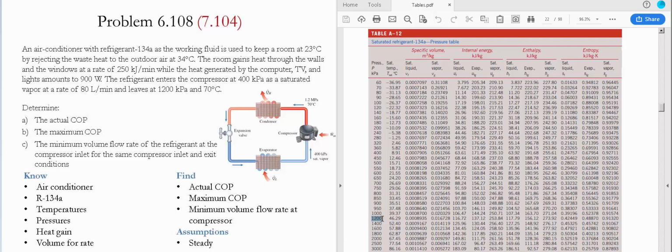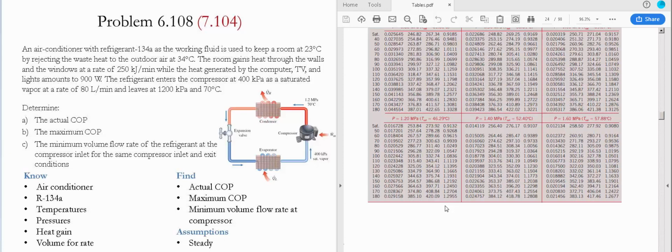For the exit conditions, it was given a pressure of 1200 kilopascals with a working temperature of 70 Celsius. We go once again to the table and we see that the saturation temperature is 46.29, which indicates that the working temperature is greater than the saturation temperature, so the fluid behaves as a superheated vapor. So we go to the superheated vapor tables for R134A, and we look for the pressure of 1200 kilopascals, which is 1.2 megapascals, and the temperature of 70.